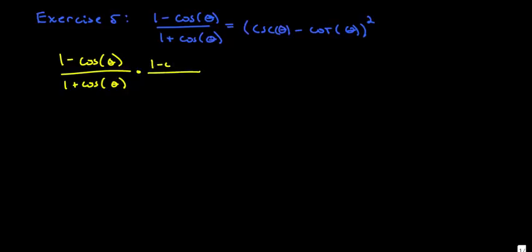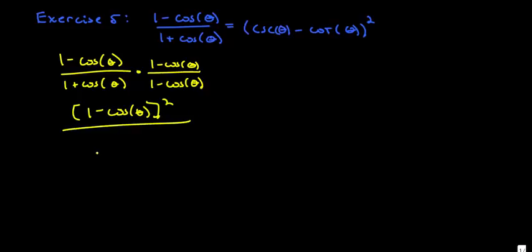So let's multiply by 1 minus cosine theta, like that. What I'm doing here is multiplying by the same value, but with the opposite sign in between. So the top is going to give me 1 minus cosine theta, that guy, squared.